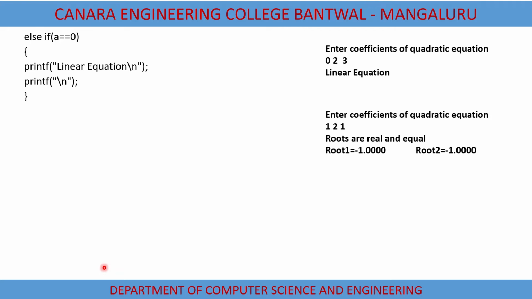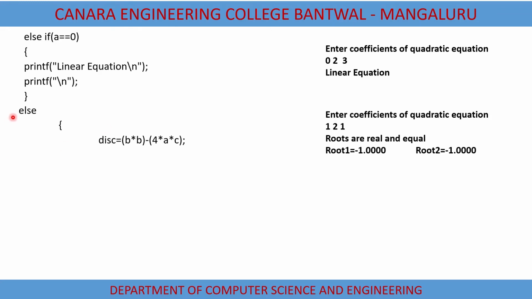Now we'll take one more example wherein we are going to enter the coefficient values as 1, 2 and 1. First again the same thing, the values are read. It will check whether A is equal to 0 and B is equal to 0. It is not, so this condition goes wrong. Next it goes to the else part. It will check whether A is equal to 0. Even that is false.